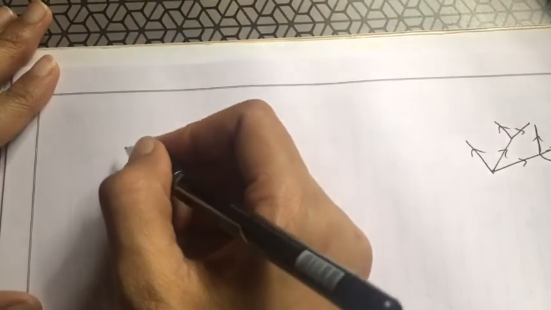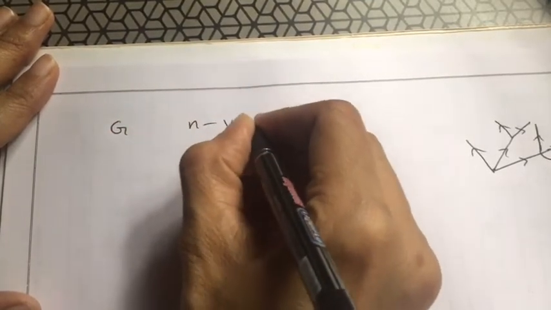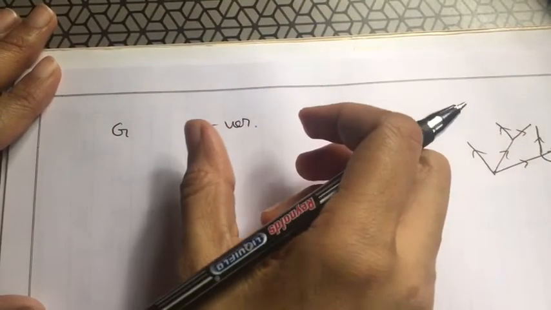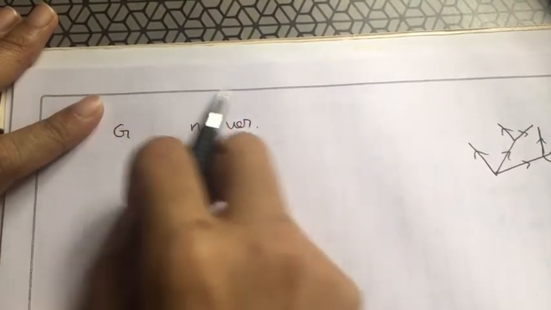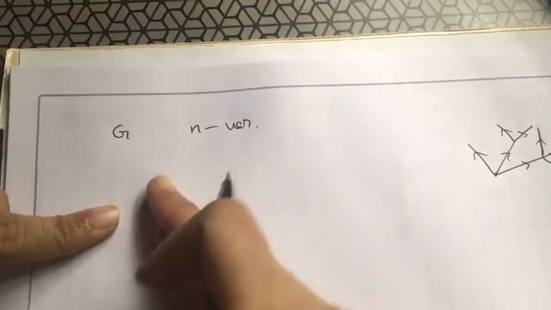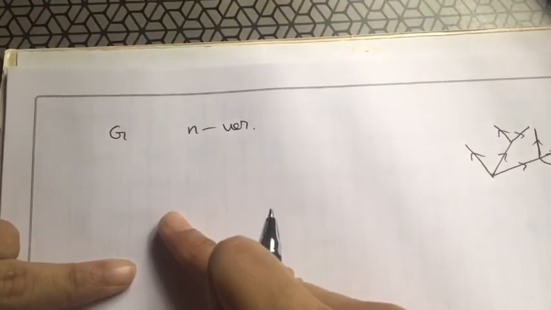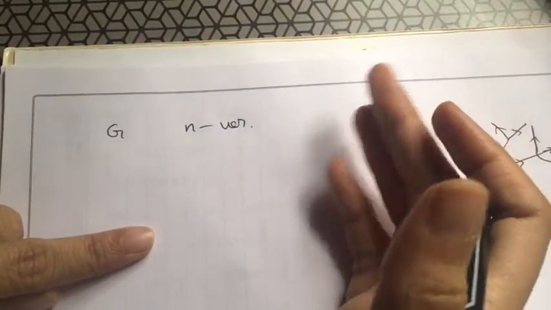So conversely, suppose G has got n vertices. I have to prove it is an arborescence if there is a vertex V in G such that every other vertex is accessible from V, but V is not accessible from any other vertex.